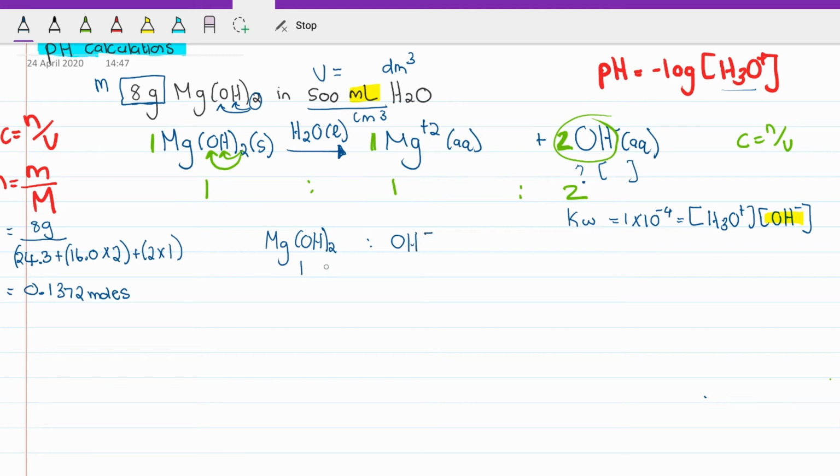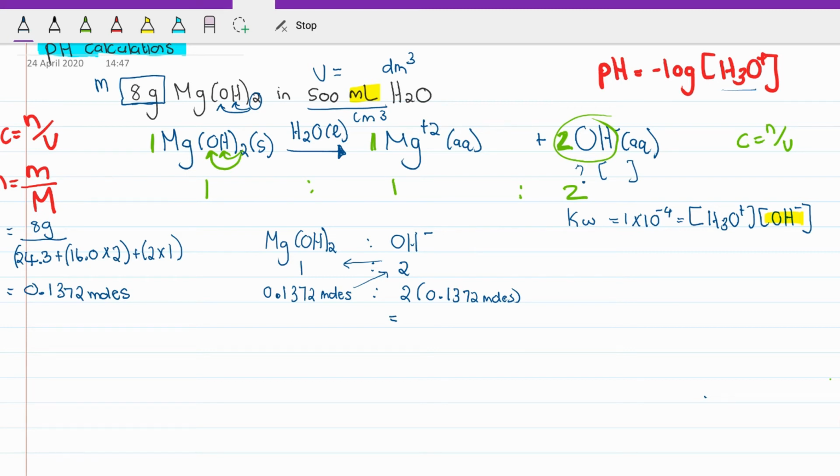Then we know that this is 0.1372 moles. So if you want to calculate x, the unknown, remember that you multiply when you go across and you divide when you go sideways. So to get x, you're going to times this by 2. So the moles of your hydroxide ions will then be 2 times 0.1372 moles.